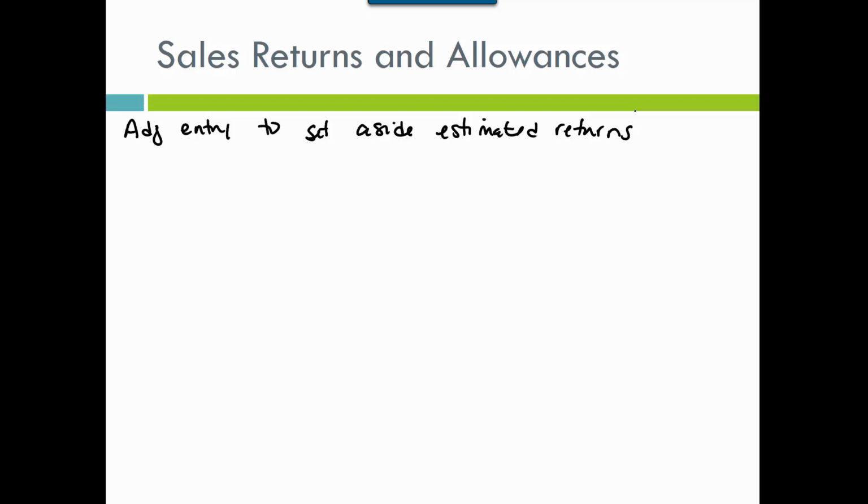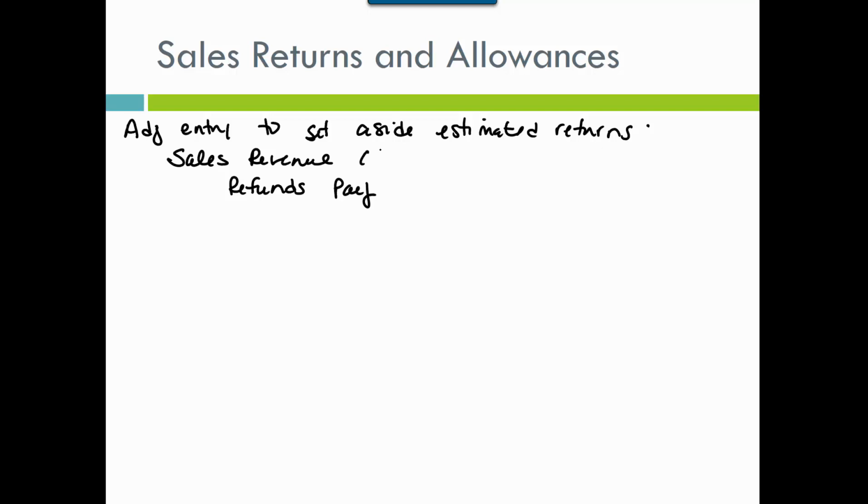So the adjusting entry to do that is I'm going to debit sales revenue, and I'm going to credit an account called refunds payable. Now, I probably mentioned before, you'll only ever credit revenue accounts. You'll never debit a revenue account, and so now I'm a liar because this is exactly what we're doing. Revenue has a credit balance.